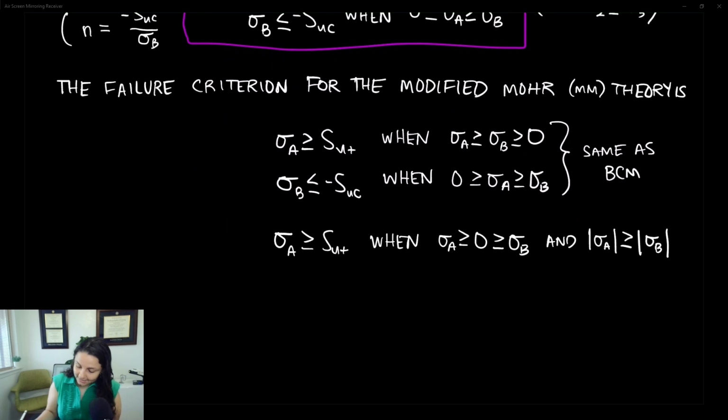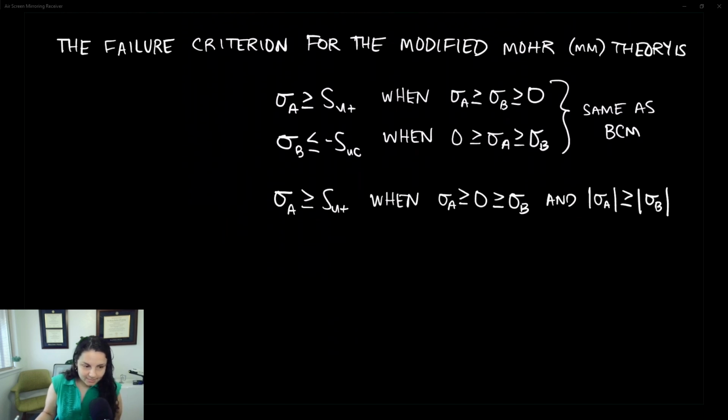And then lastly, when we have sigma A positive, sigma B negative, and the opposite, we have greater magnitude of sigma B than sigma A, we're going to use another form. So it's a bit of a longer equation.